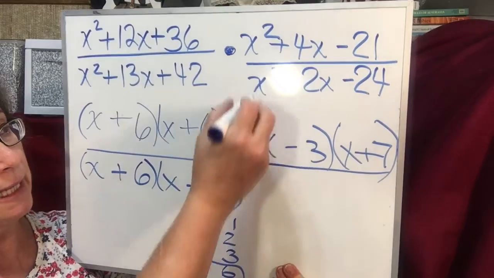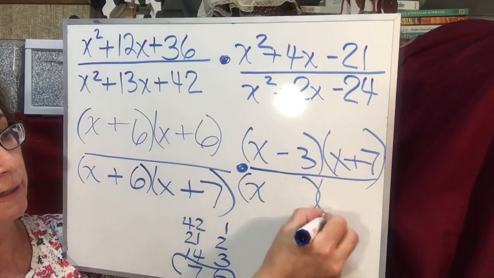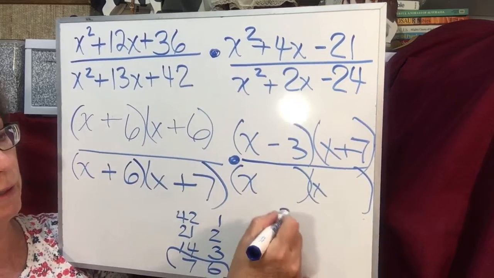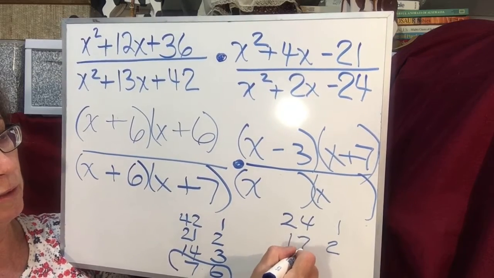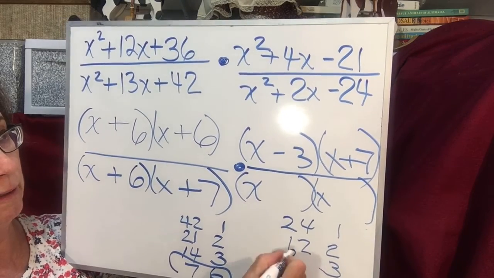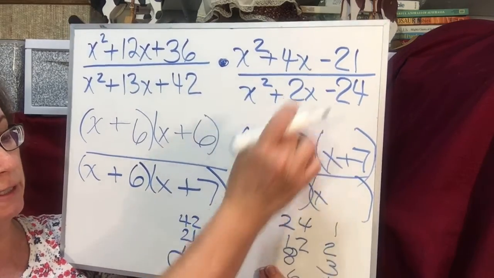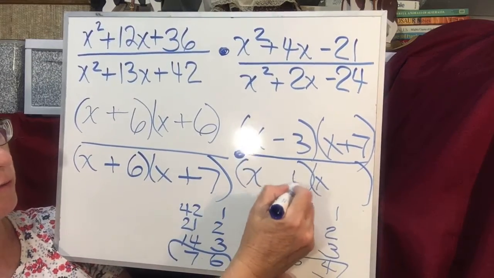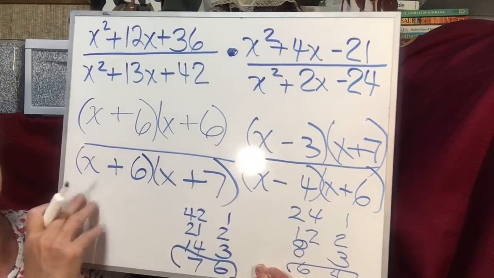And lastly, we're going to factor this one. X. We've got 24. 1, 24, 2, 12, 3, 8, 4, 6. We're talking about a difference, so aren't we going to choose 4 and 6? So 4, 6, positive, minus.